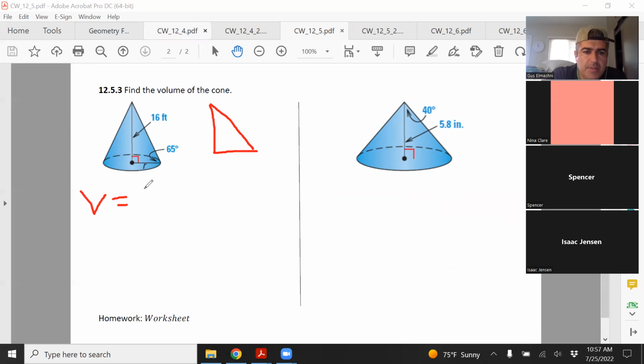So volume of the cone is this. The problem is I don't know r. I do know h. So that's 16.